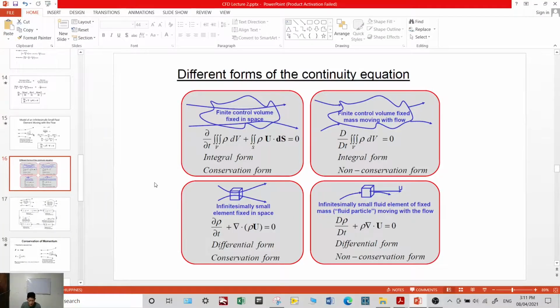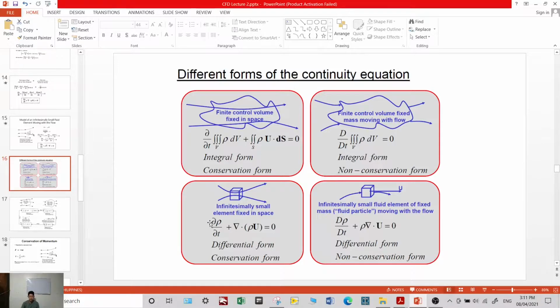Okay, so in summary, these are the different forms of the continuity equation. First is the finite control volume fixed in space. And this one is for the finite control volume that is moving with the flow.